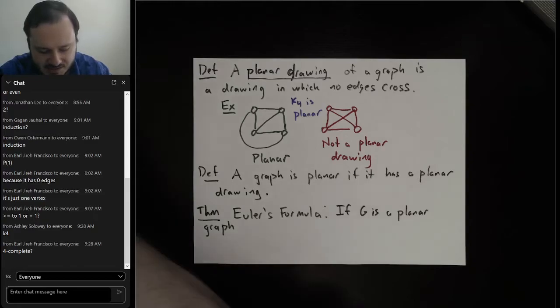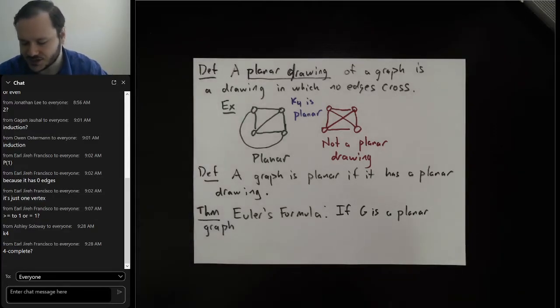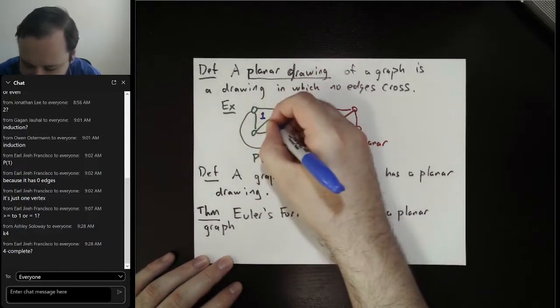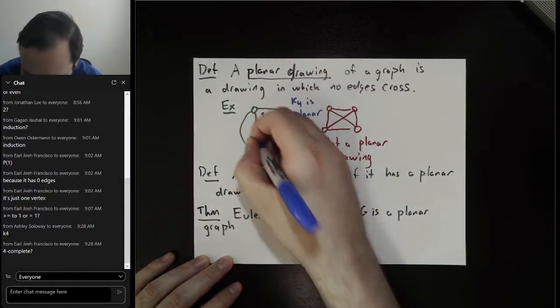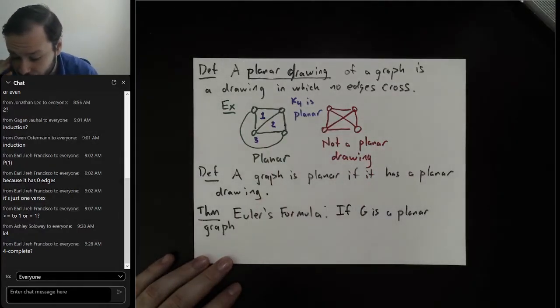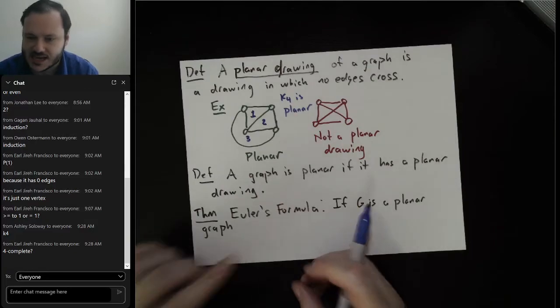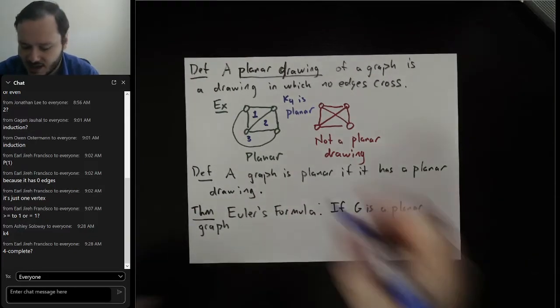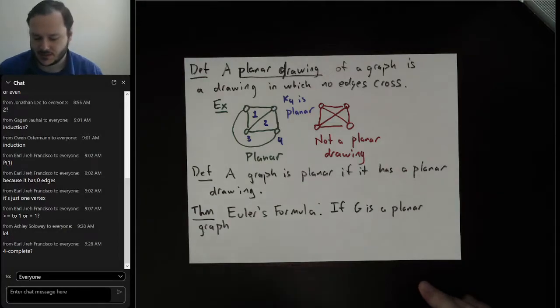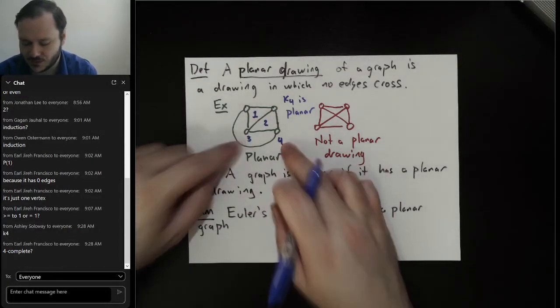So faces are the regions enclosed by the graph. So this is a face, this is a face, this is a face, and then there's one more face in this picture. We think of it as the infinite face. It's the outside, it's the space outside the graph. So 1, 2, 3, 4.